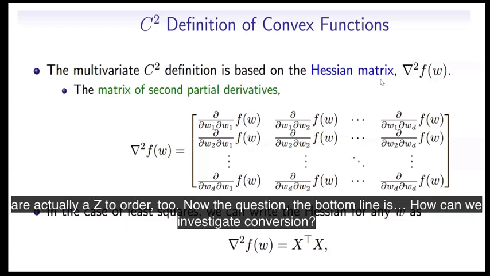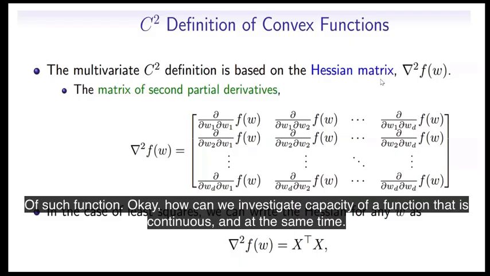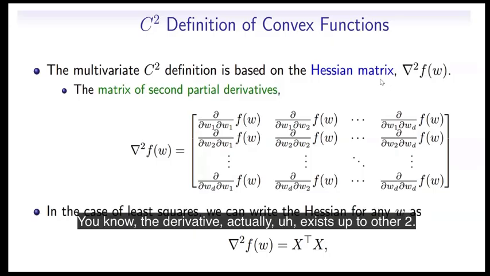Now the bottom line is, how can we investigate convexity of a function that is continuous and at the same time, the derivative exists up to order two?